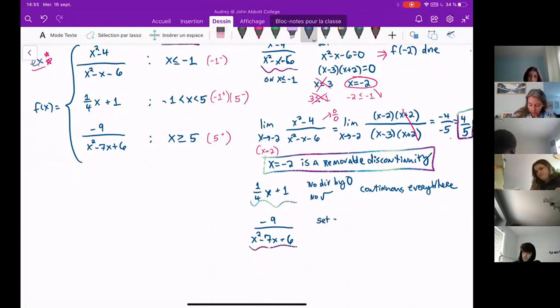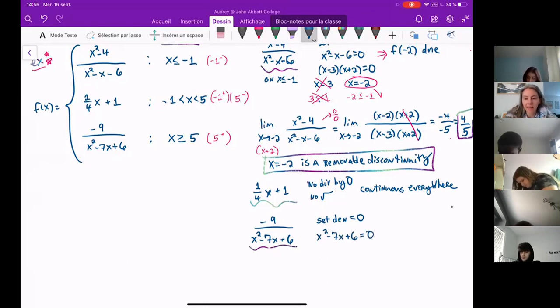So we're going to set the denominator equal to 0. And again, in this case, I'm going to have to factor. But this time I need two numbers that multiply to give me positive 6 and add to give me negative 7. What could those two numbers be?